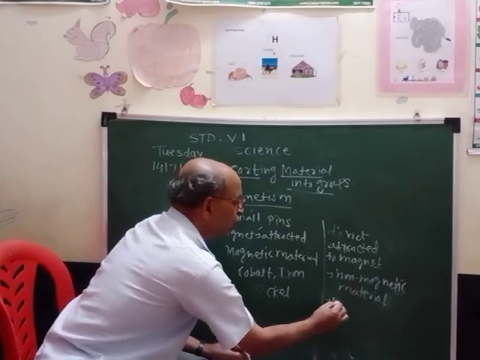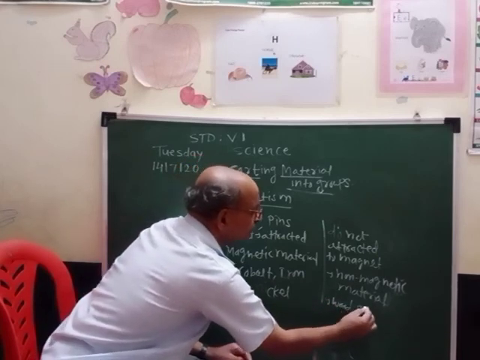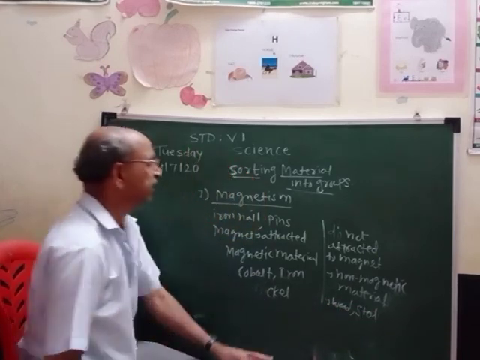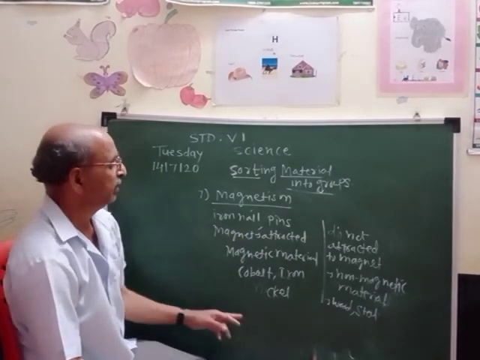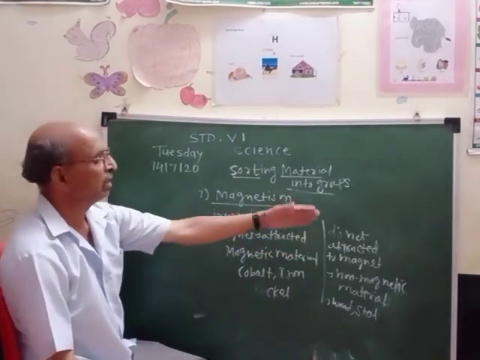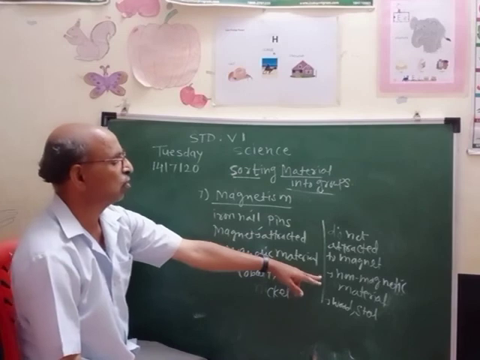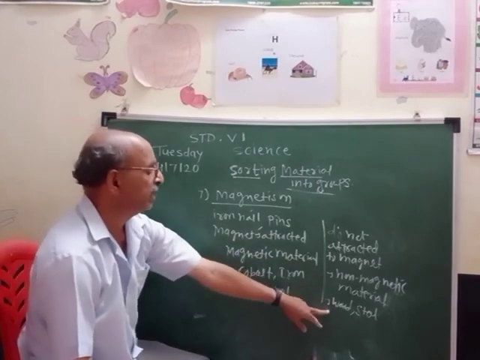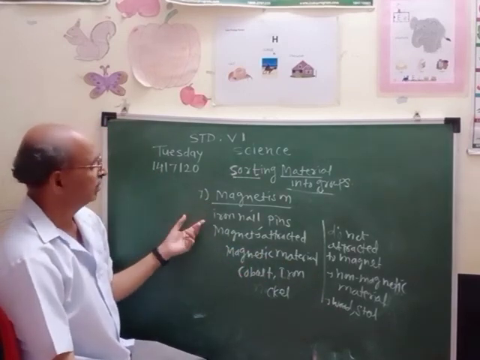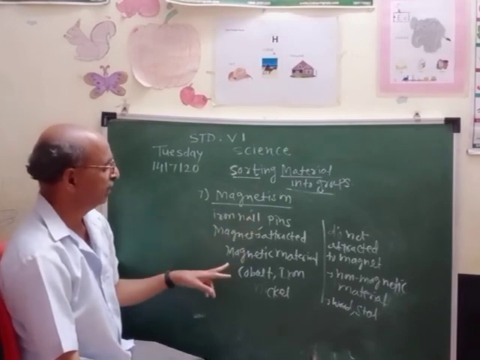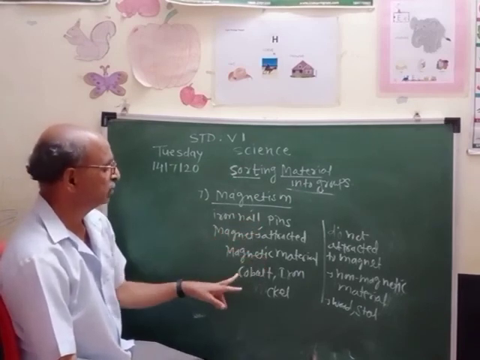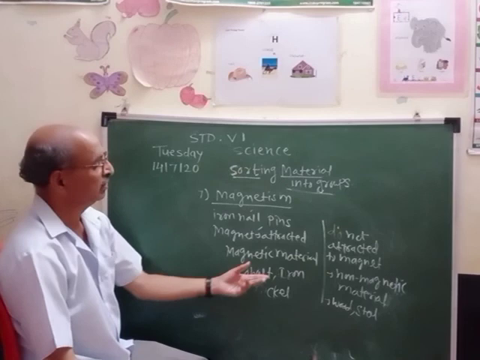For example, you know wood, steel, plastic; these are non-magnetic materials. So the material which is not attracted to the magnet is called non-magnetic material, like wood and steel, while the materials which get attracted towards the magnet are called magnetic materials. So cobalt, iron, nickel are magnetic materials.